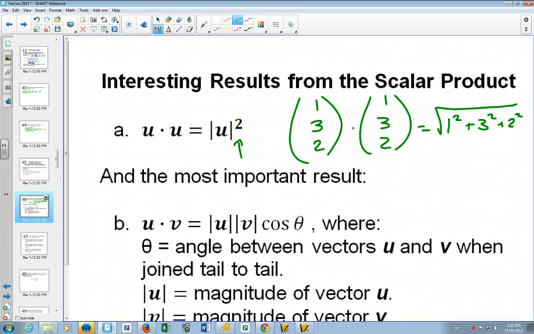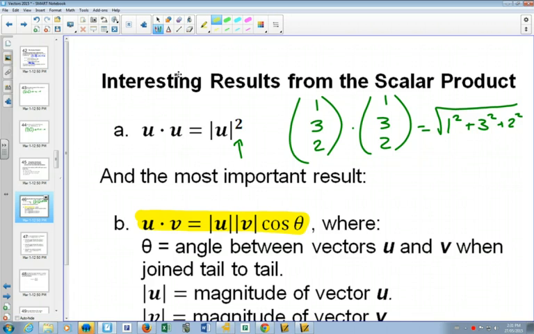And here is the most important result. The dot product of two vectors is the same thing as if you took both the lengths of those vectors and multiplied them together, and then multiplied by cos of the angle in between.